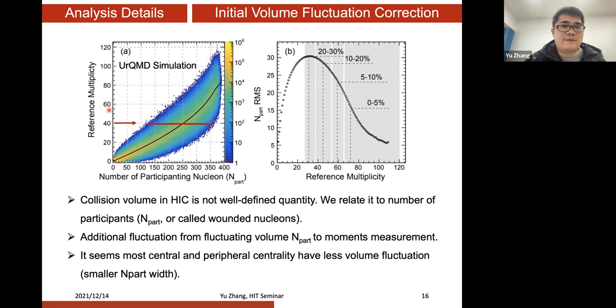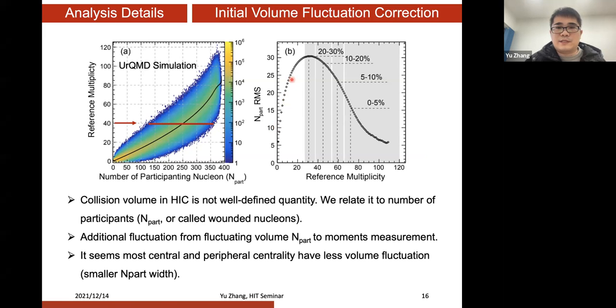We see that for fixed reference multiplicity, the impact parameter width covers a larger range. This additional volume fluctuation is unwanted in our fluctuation measurement for our observable.